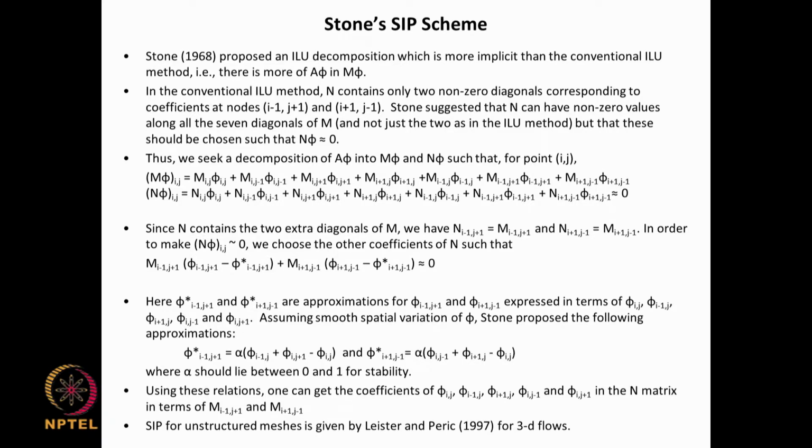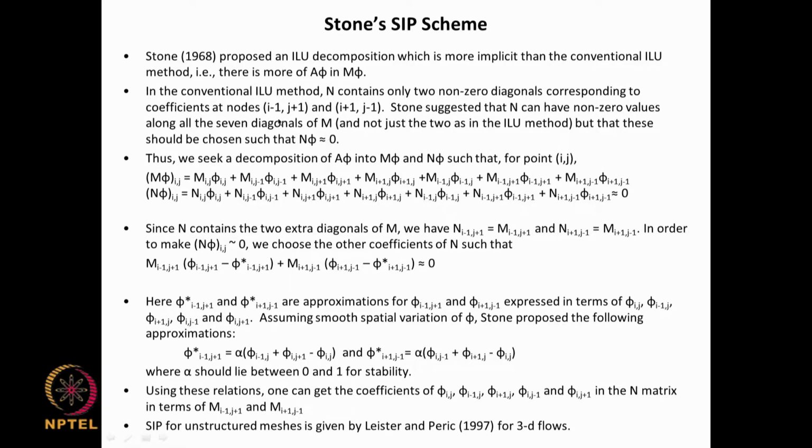What Stone proposed is that since anyway we are dealing with 7 diagonals, let n have all 7 non-zero diagonals, let n have elements in all the 7 and not just in the 2, but choose the other coefficients in such a way that the total contribution of n phi is roughly equal to 0.